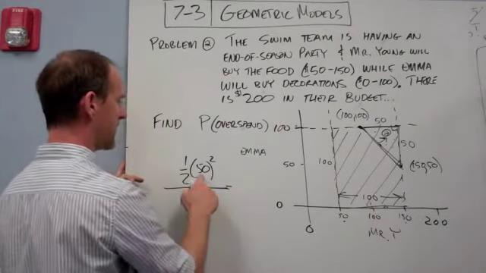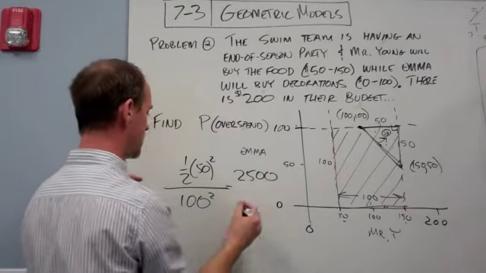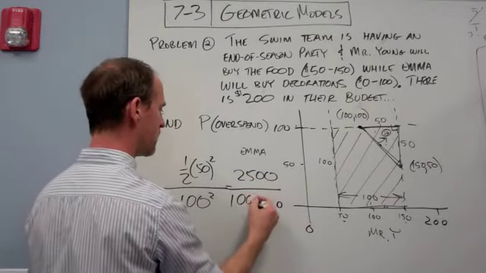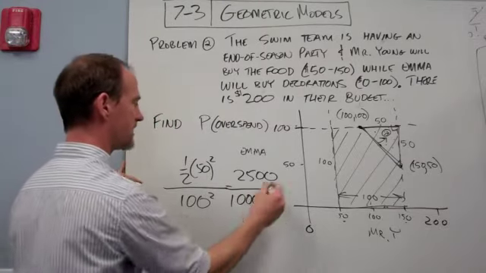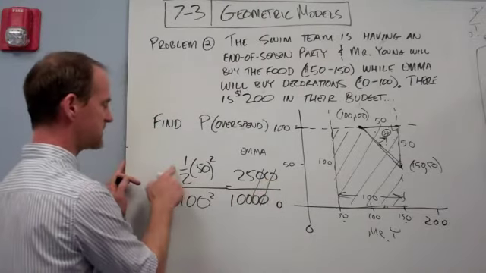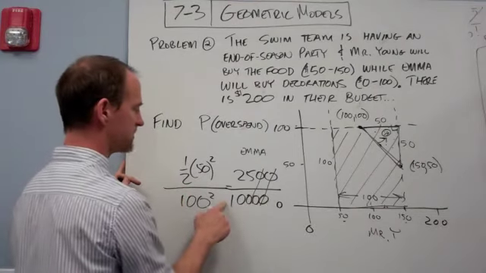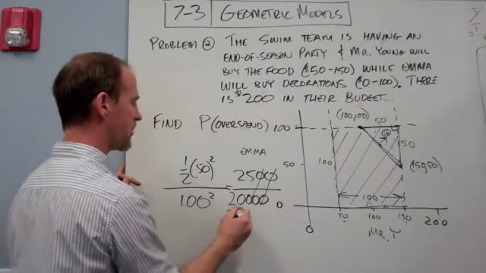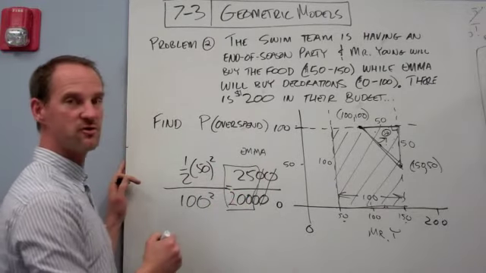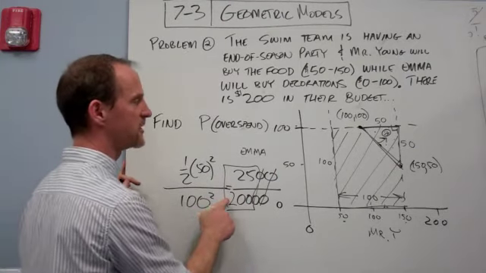And so I'm going to get 50 times 50, which is 2,500, over 10,000. I can cancel zeros. Now I have to cut this in half, so I can just double the denominator. And so I've got 25 out of 200, which is 1/8. All right, so the probability there is 1/8.